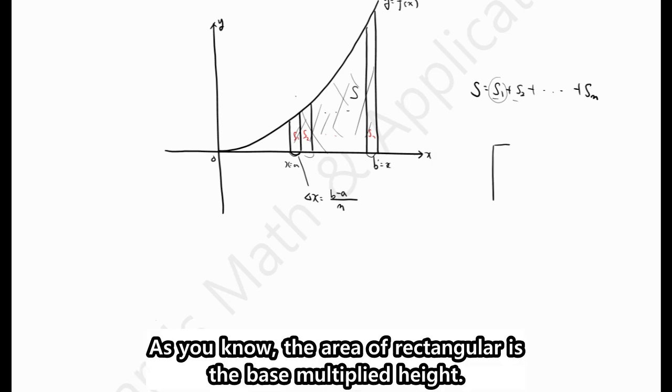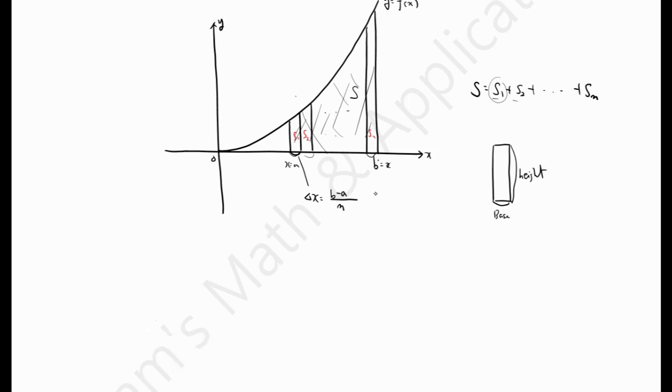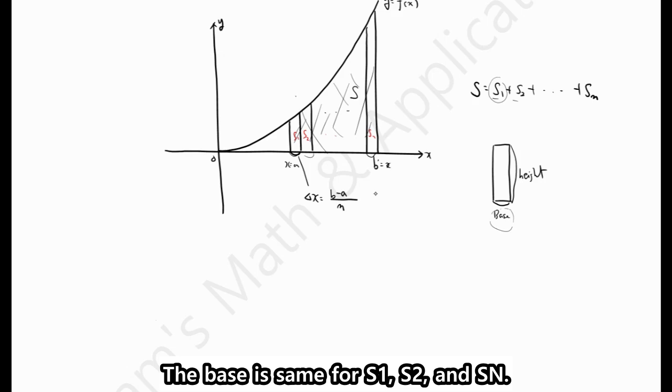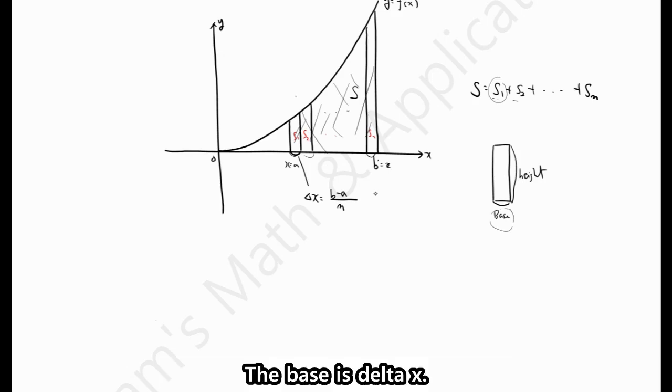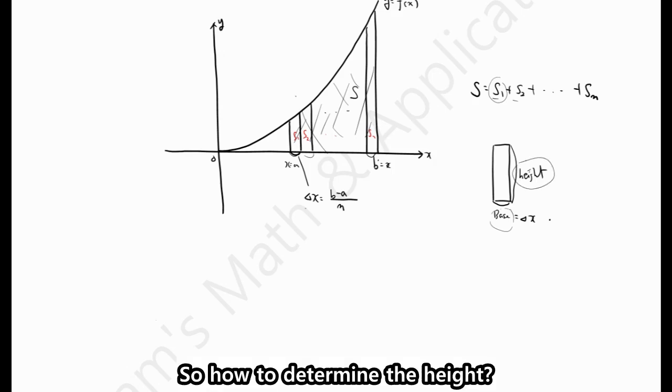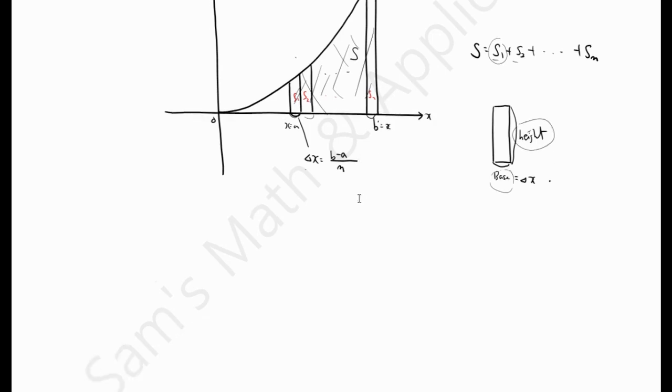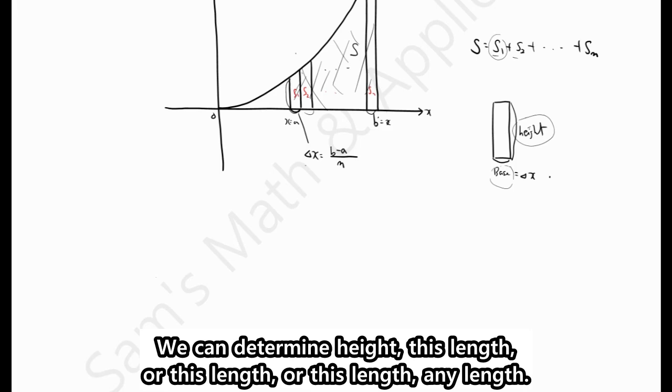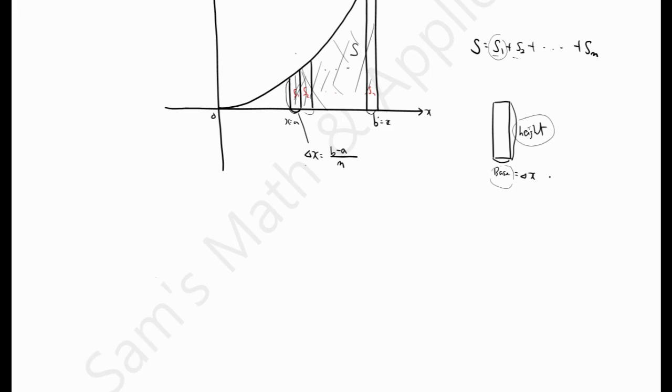As you know, the area of a rectangle is the base multiplied by the height. The base is the same for S1, S2, and Sn; the base is delta x. And the problem is the height. So how to determine the height? We can determine the height at this length, or this length, or any length.